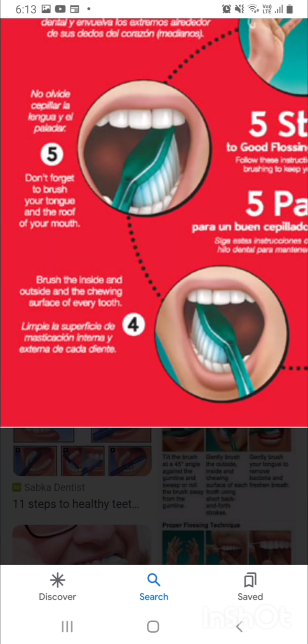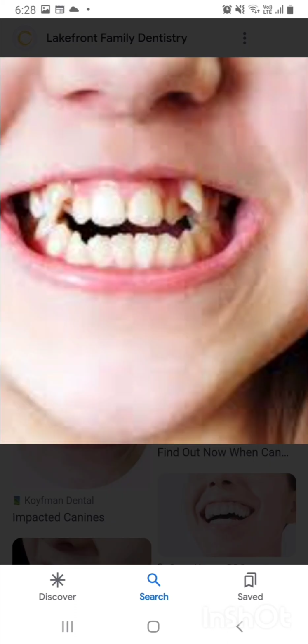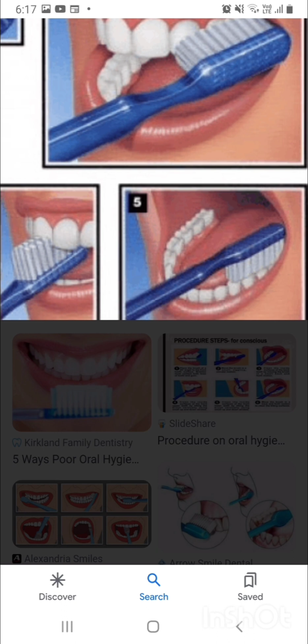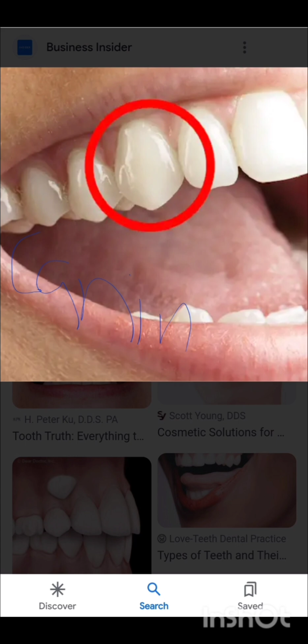One, we have always to brush daily, at least twice, or after every meal. But at times you may not be in position to brush after every meal, so you at least ensure that you brush in the morning and you brush in the evening after supper.